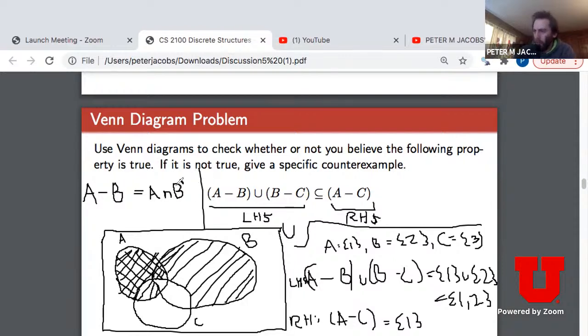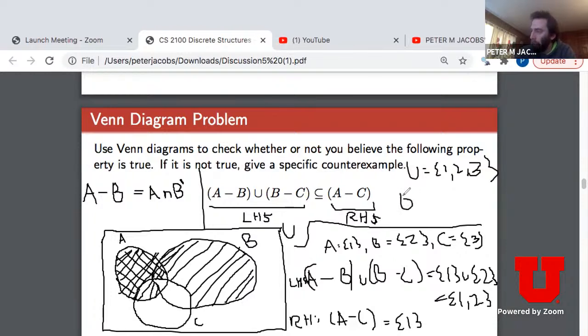So A minus B is an intersection of sets now. It's what's in common between two sets. In our example, A is equal to {1} and B is equal to {2}. So if the universe is equal to {1, 2, 3}, then B complement, which is B prime, is what's in the universe that's not in B, and that's 1 and 3.